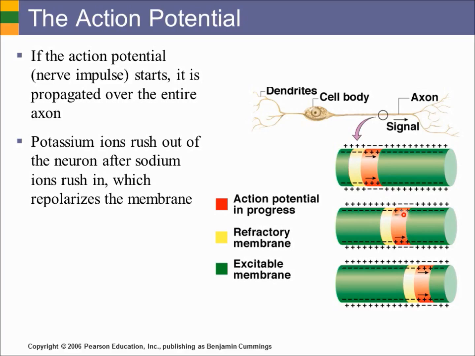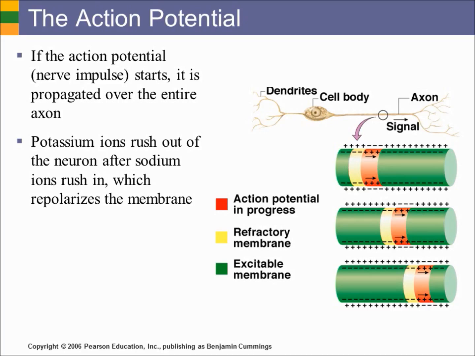And as those ions diffuse further, they depolarize the next segment, and the action potential moves along. This is why the action potential goes along at its continued strength. It doesn't lose anything.